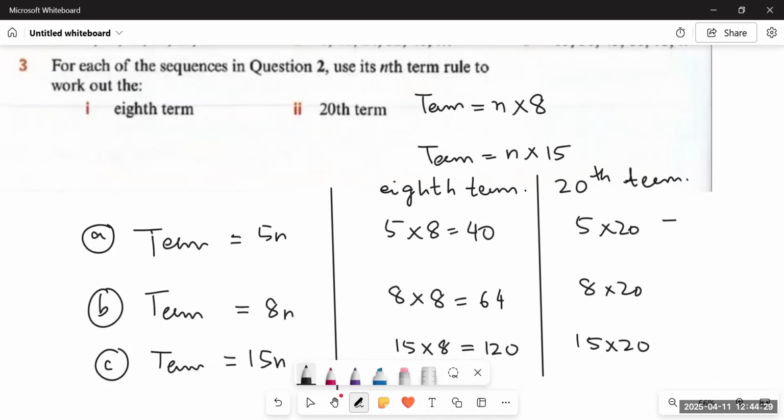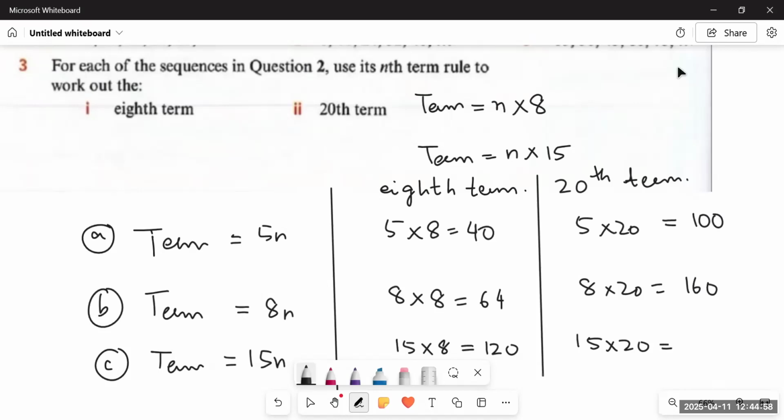Okay, to find out the 20th term, we will first multiply it with 5 and the answer would be 100. That is in part A, where the sequence was 5, 10, 15, 20. The 20th term would be 100. In the second part, where the sequence was 8, 16, 24, 32, 40, and so on, the 20th term would be 8 multiplied by 20, which is 160.